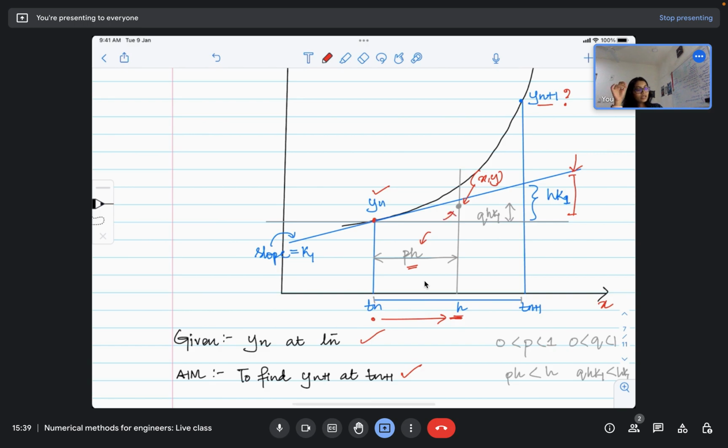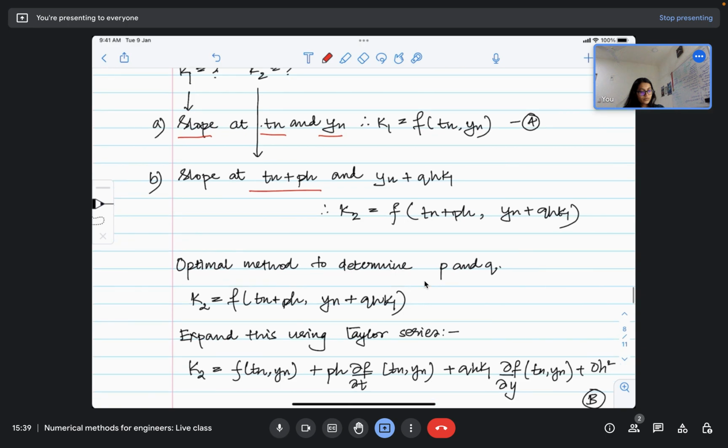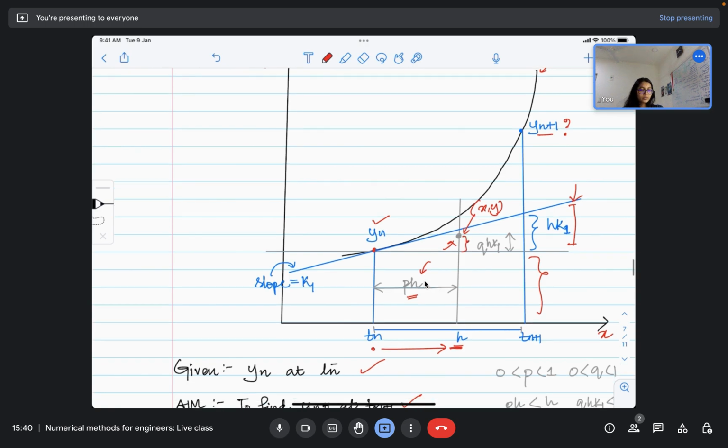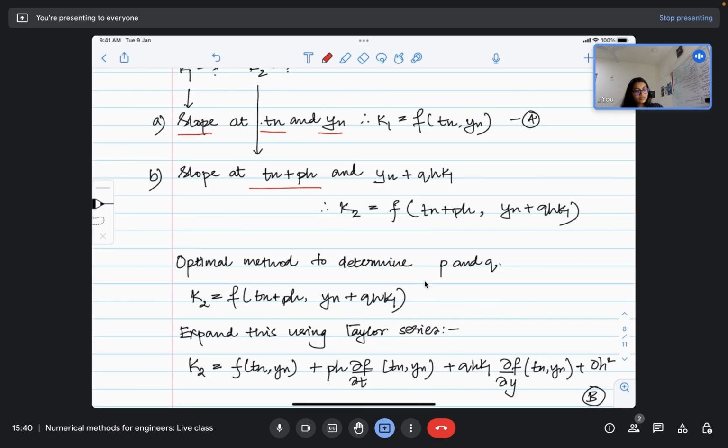This entire distance is hk1. This much is yn, and then how much more do we go to get the intermediate point, so that is yn plus this much distance that we have come. So this is the x coordinate and this is the y coordinate. Hence k2, the slope at this intermediate point, is a function of the x coordinate and the y coordinate.